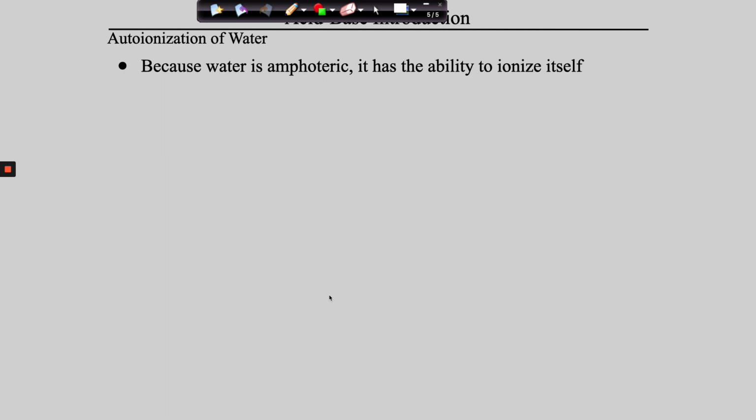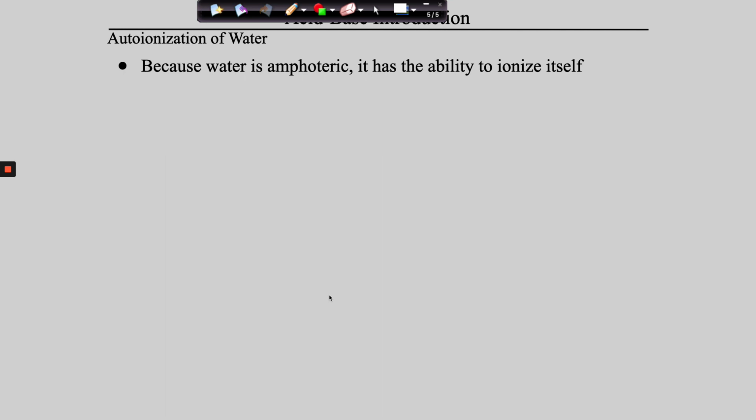So guys, the idea is this. Water molecules. We've got a cup of water. And guys, these water molecules, for the most part, are stuck together as water molecules. But remember, these are amphoteric.